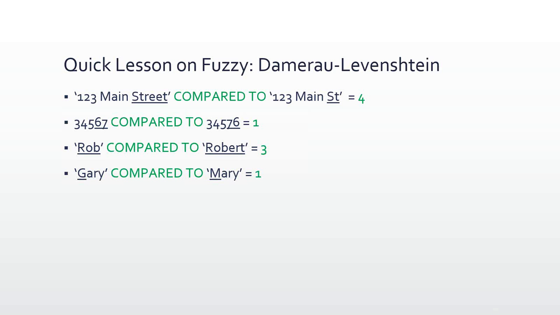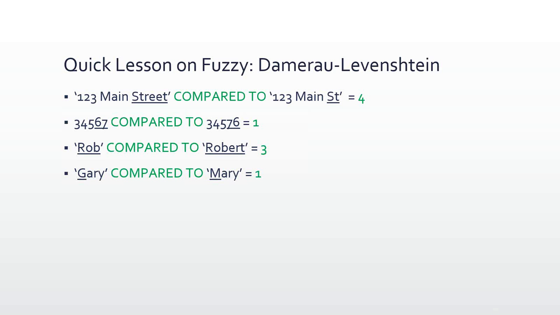The basic explanation of how Damerau-Levenshtein works is that it allows you to compare two different strings, and then it determines how many changes need to happen to make one string the same as the other string. And then it assigns you that number.